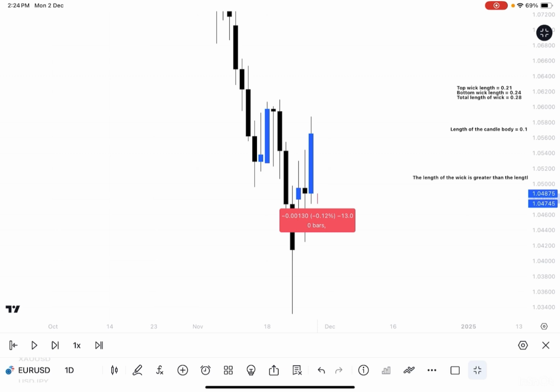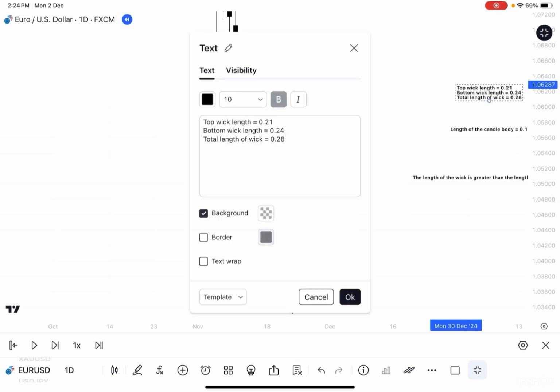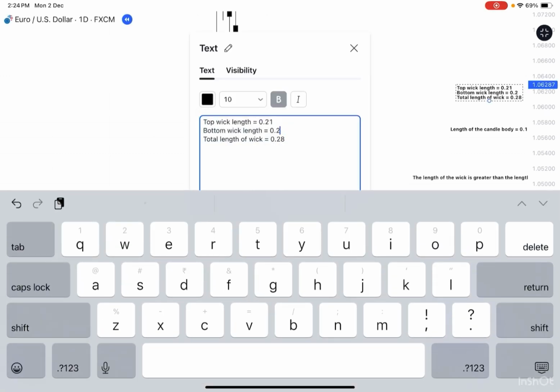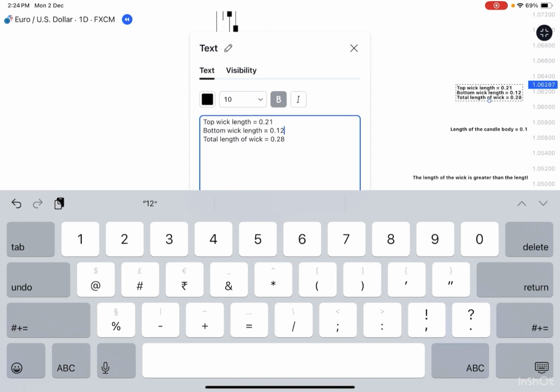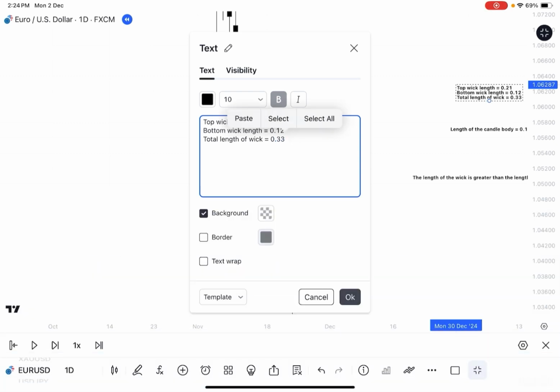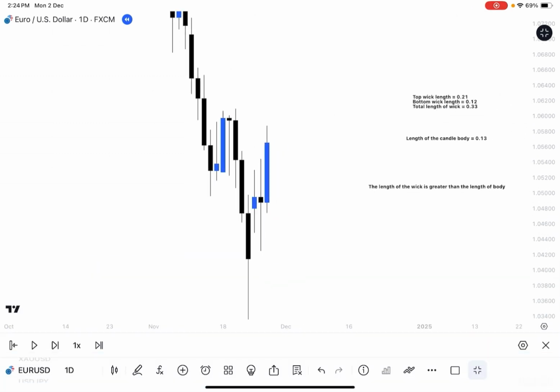The bottom wick length is 0.12. So the total length of wick is 0.21 plus 0.12 is 0.33. Right? Yeah, right. So the total length of the wick of this candle is 0.33.